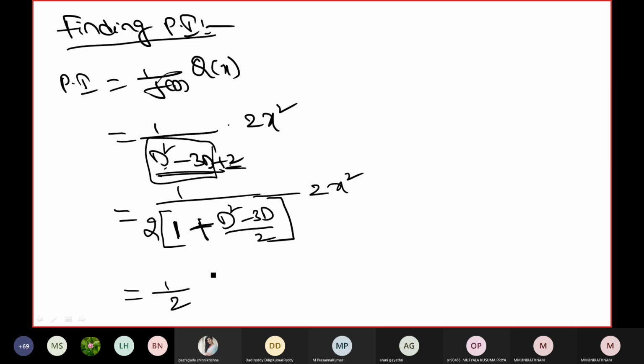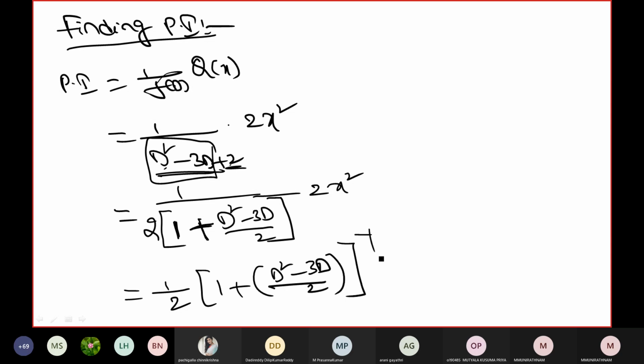So this I will expand: 1 plus d square minus 3d by 2 whole inverse into 2x square. Treating this as x, this is in the form of 1 plus x whole inverse.